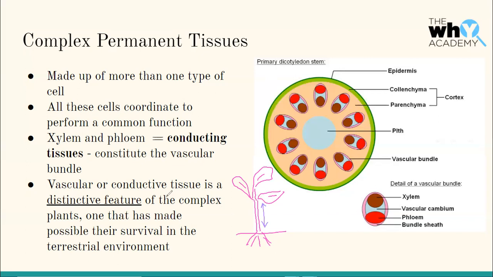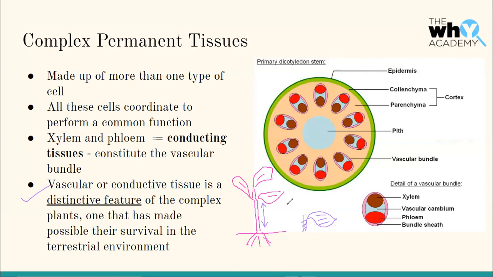Because these tissues are the ones involved in transportation, they ensure that all parts of the plant have food or energy to carry out their other activities, which is why this is very necessary. So even if plants can perform photosynthesis, the main region where photosynthesis occurs is just the leaves, right? Or in a few rare cases, even some parts of the stem, right?